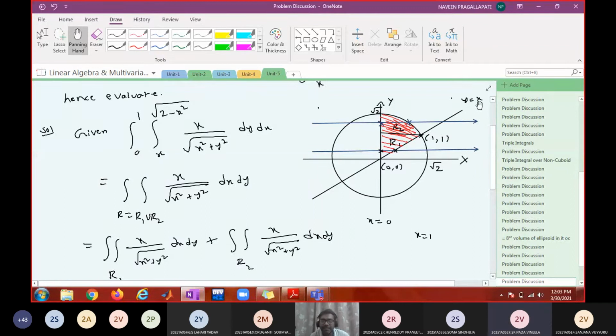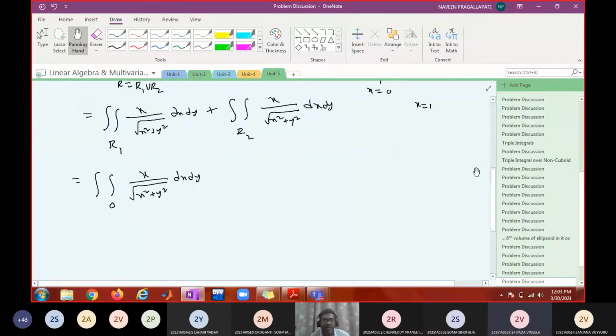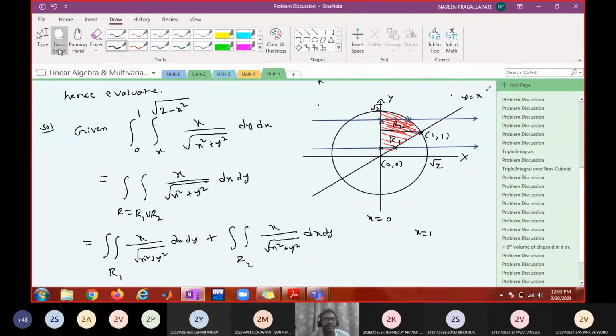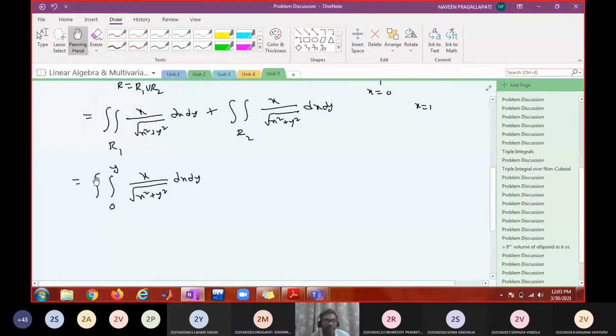It is y. So x limits are from 0 to y. And what are the minimum and maximum values of y on the R1 region? 0 to 1.